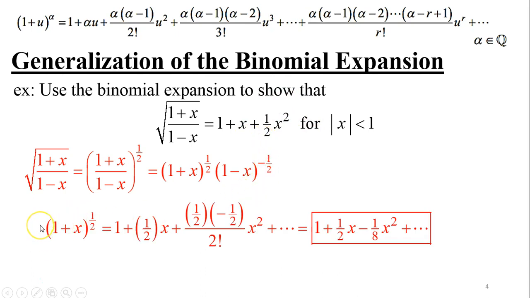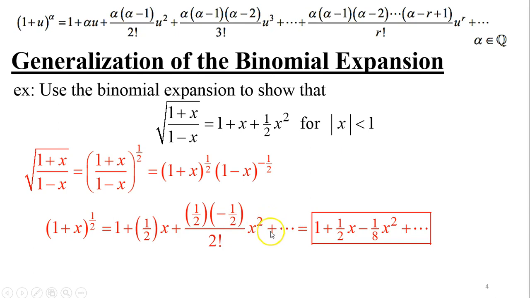So if we go for the first one, 1 plus x to the half, using the form above. Now here u is x and alpha is half. So we have 1 plus alpha u, so half x, plus alpha times alpha minus 1 over 2 factorial u squared, where u here is x.